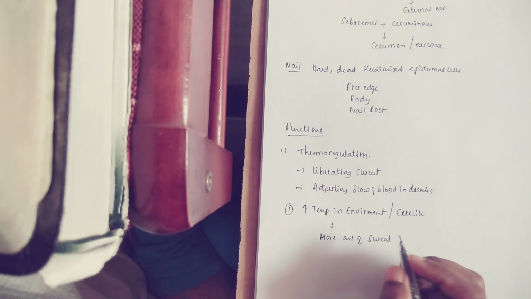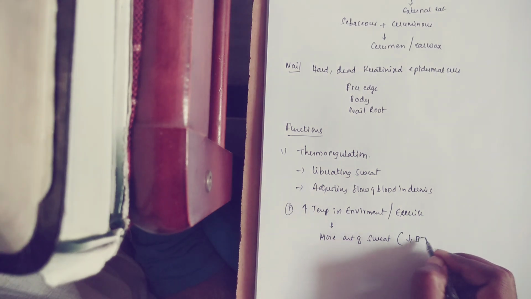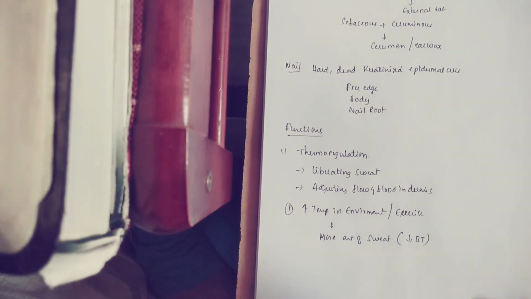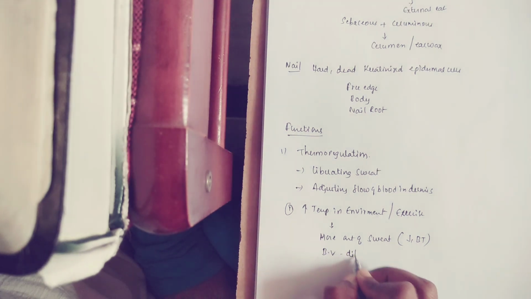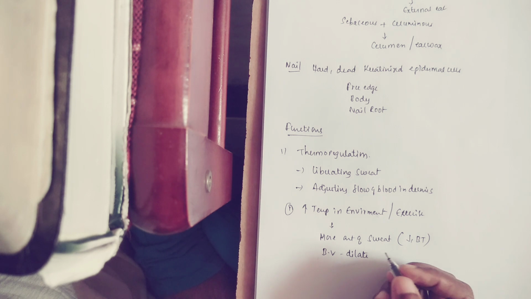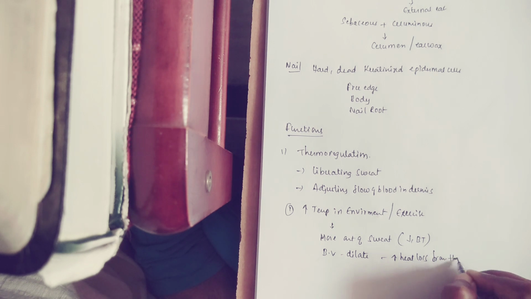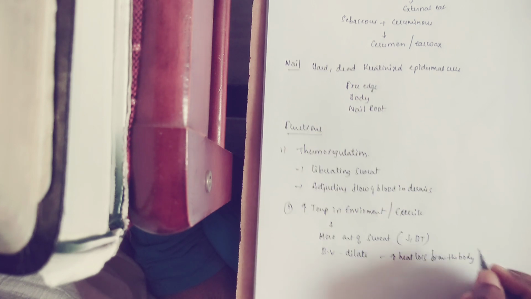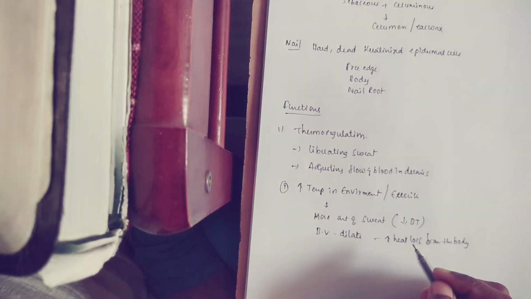If it secretes more sweat, automatically that decreases the body temperature. Not only that, the blood vessels dilate, which increases the heat loss from the body. Clear? I told you, by two mechanisms: liberating sweat as well as adjusting the flow of blood in the vessels. Clear?